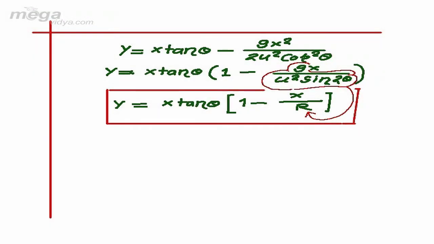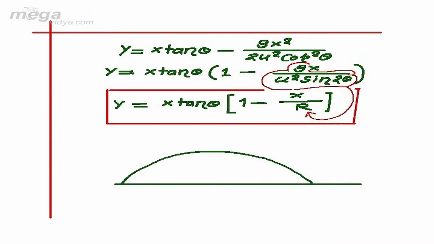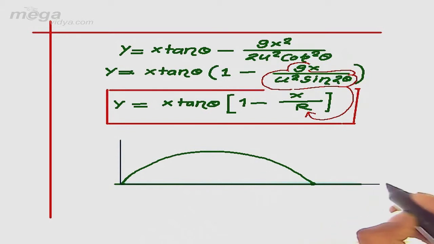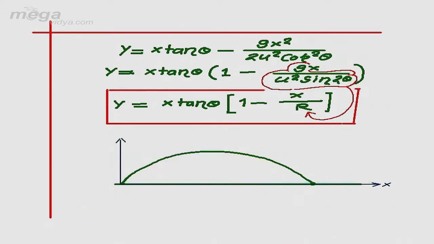If we talk about a projectile which has been thrown from ground and falls again on the ground, here we can consider the same reference frame, the x, y Cartesian coordinate system with y-axis vertically upward and x-axis along the ground.